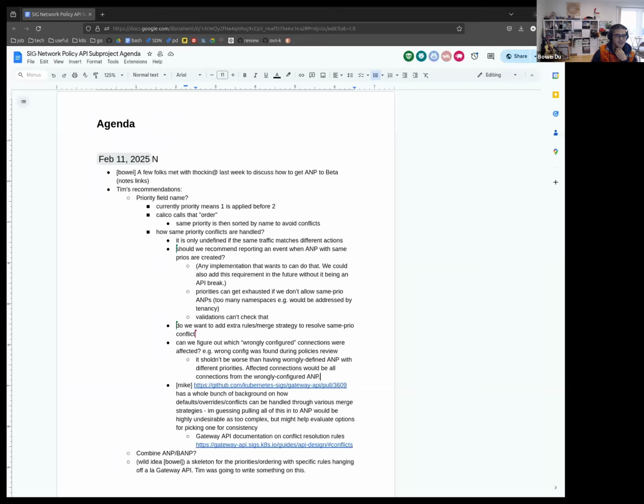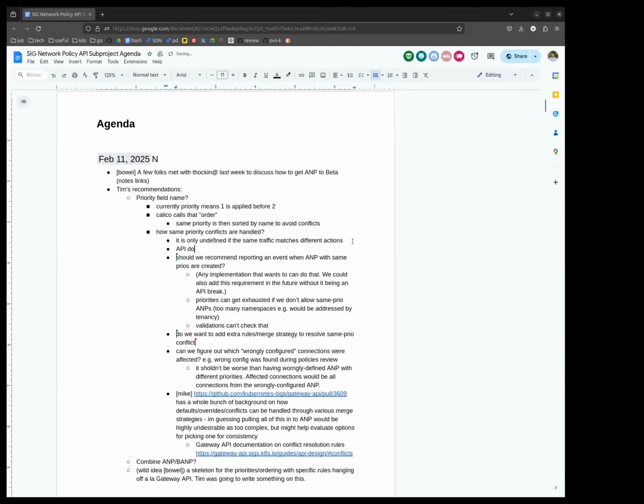can we do better? So the reason why we have priority is because there are both allow and deny rules, and we want to be able to have multiple admin network policies. And obviously if you have one network policy that says allow and one that says deny, you need some means of deciding which one to obey. So what we ended up with was priorities, but there were some other ideas, and one of them is the tiers idea that we had talked about for replacing baseline admin network policy, where you have specific tiers where all of the rules are allow or all of the rules are deny.